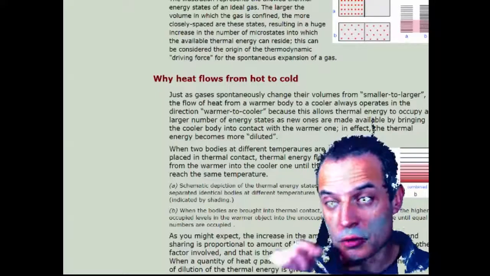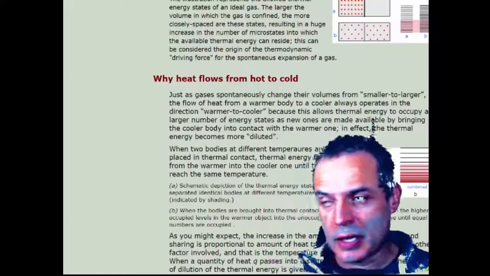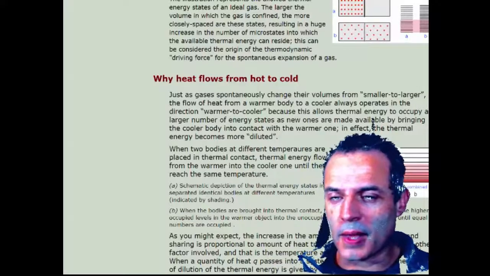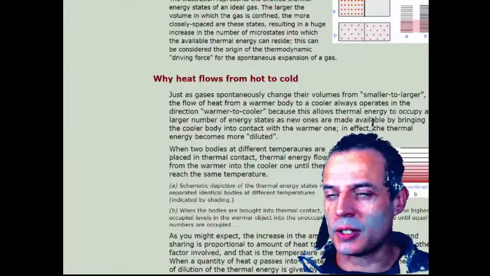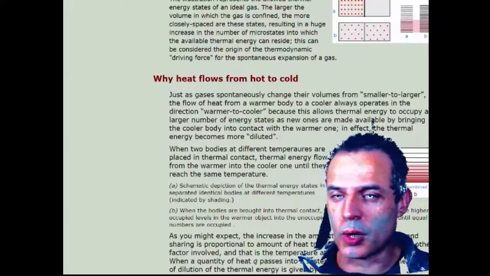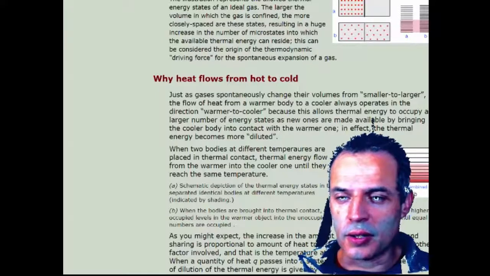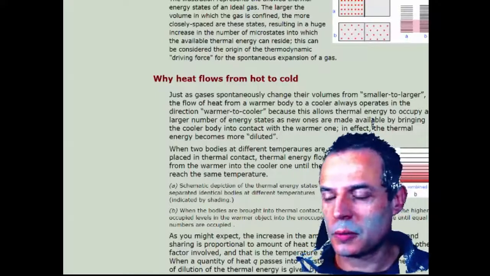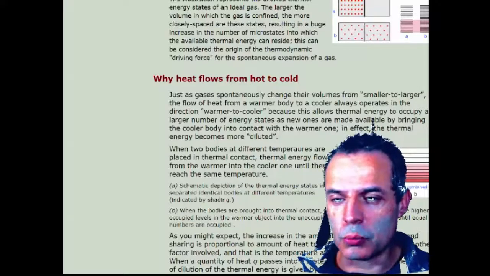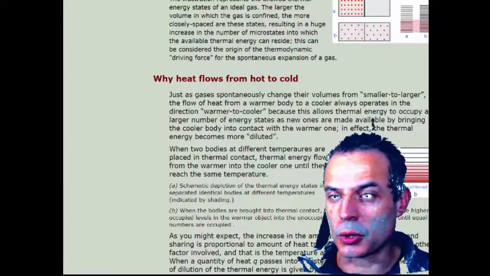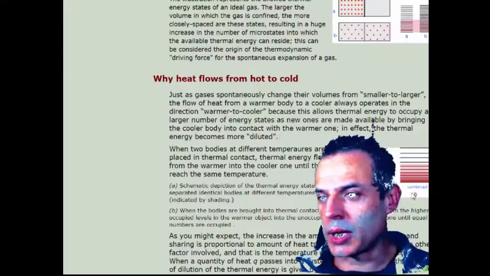They get further and further apart. And so in this case, having two warm objects, we get more potential energy states, because we're increasing them quicker at the bottom than at the top, so we get more.